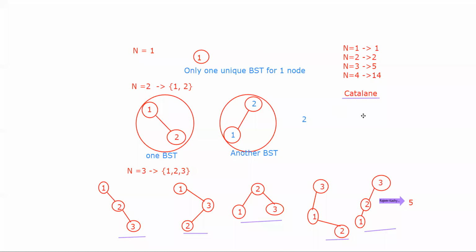The formula is equal to 2n factorial divided by n plus 1 factorial into n factorial, if n is a number. So it will give me the exact figure which I have explained here. It will give me the same exact number from this formula.